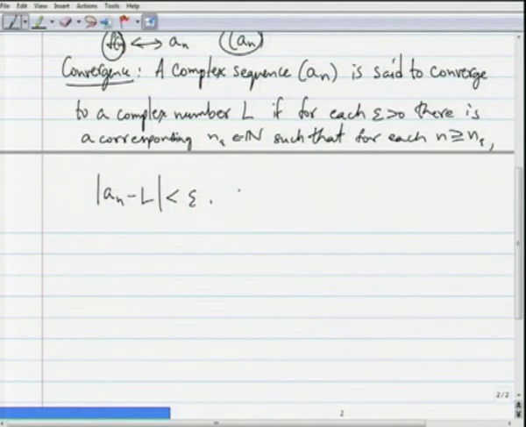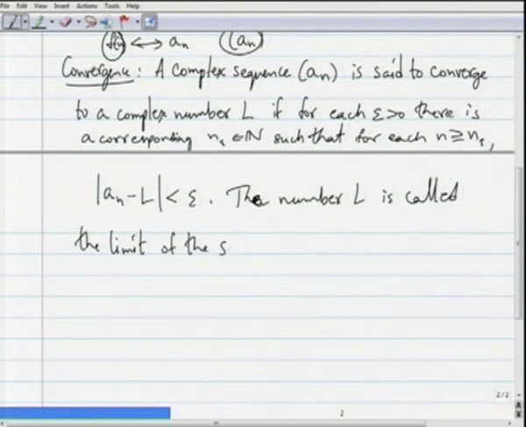The number L is called the limit of the sequence a n.